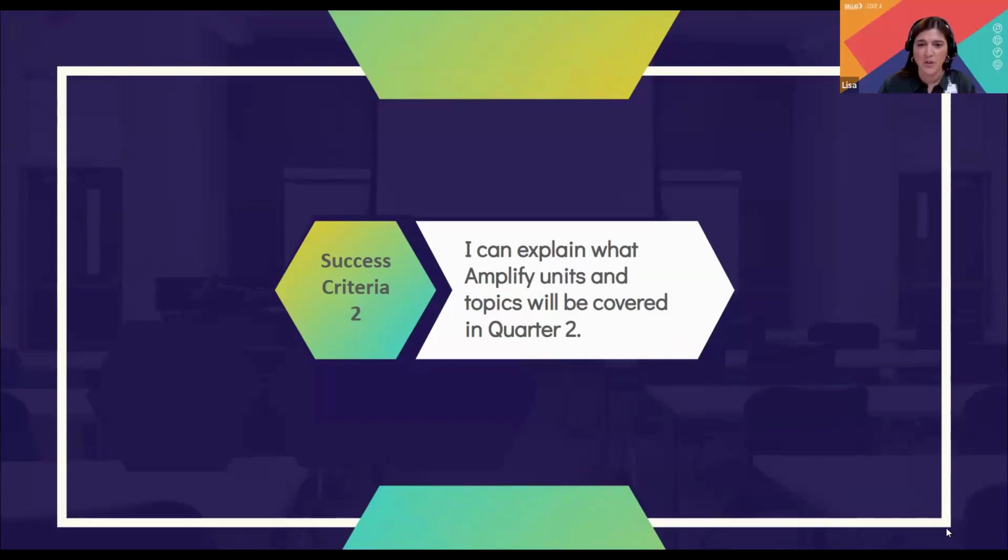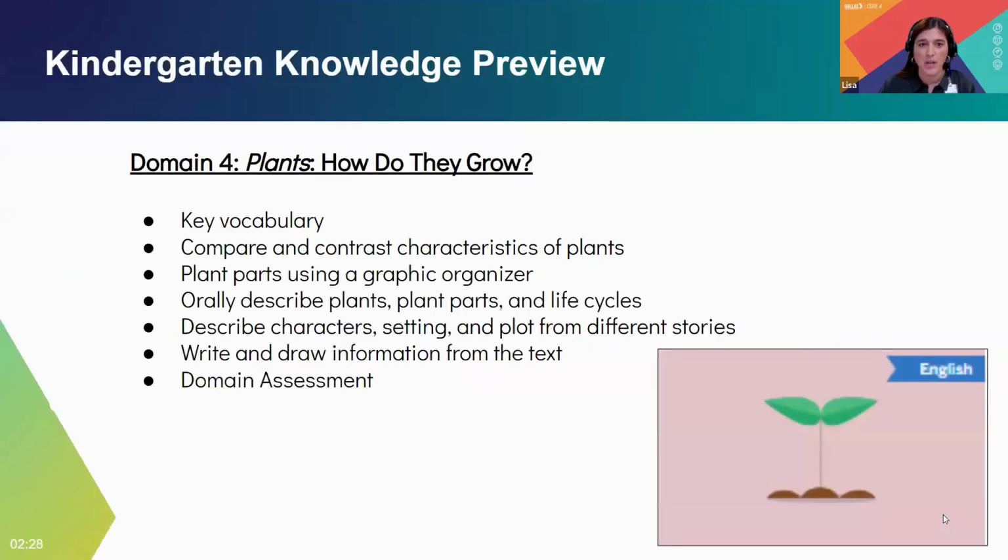All right, so we're first going to start off with the knowledge units for kindergarten. So just to give an overview of those domains. So first in domain 4, plants, how do they grow? Students are going to explore their own relationships with plants, from consumable fruit to enjoyable flowers and trees, while acquiring a fundamental understanding of the parts of plants, how they grow, and what plants need in order to stay alive.